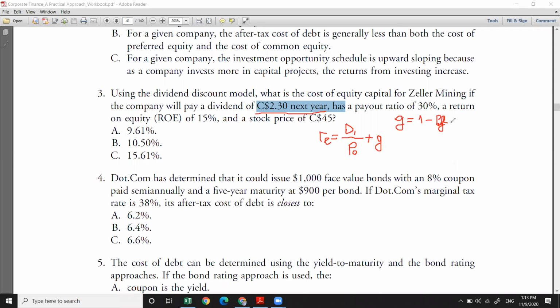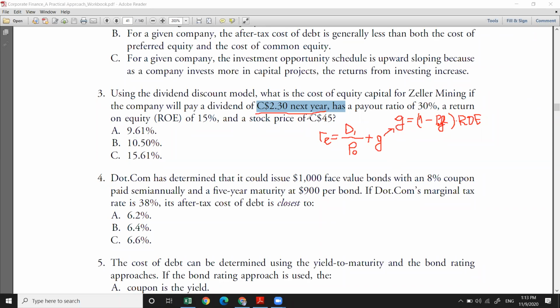One minus payout ratio, this is in one bracket, and times the return on equity, which is ROE. So payout ratio is given, return on equity is given. We need to find the G.